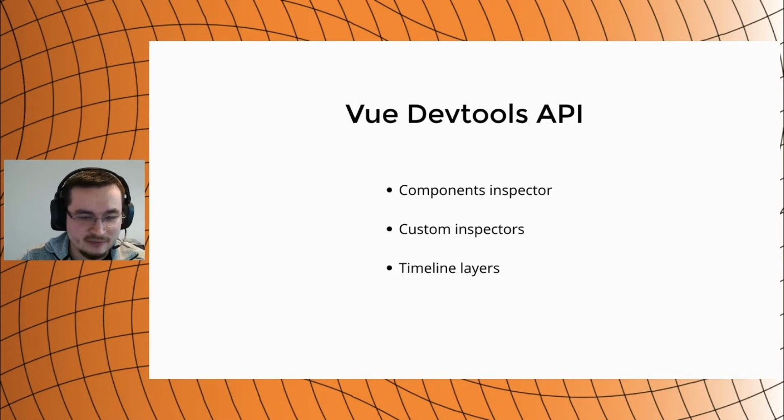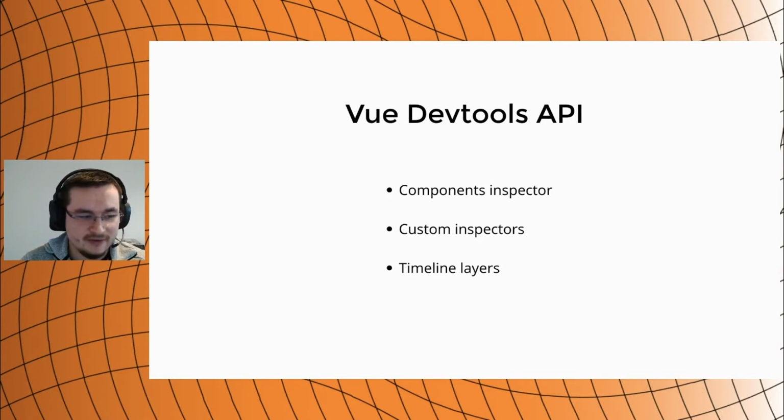Vuex could push events, for example, for commits or actions, and they would be displayed on the timeline, so that you could debug your application behaviors over time. And you will also have more context.